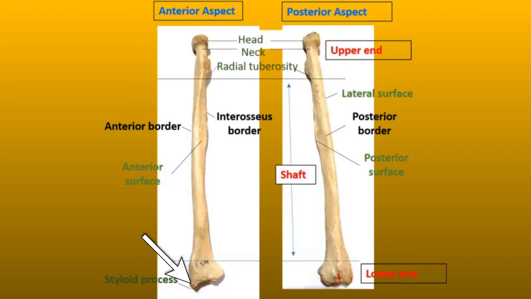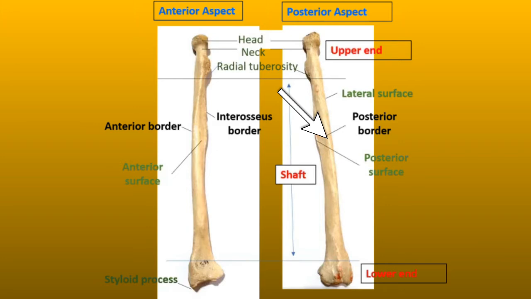So this anterior border passes from the medial to the lateral side, because the radial tuberosity is in the medial direction, while the styloid process is in the lateral direction. It is oblique in the upper half of the shaft and vertical in the lower half. The oblique part is known as the anterior oblique line, and the lower vertical part is somewhat crest like.